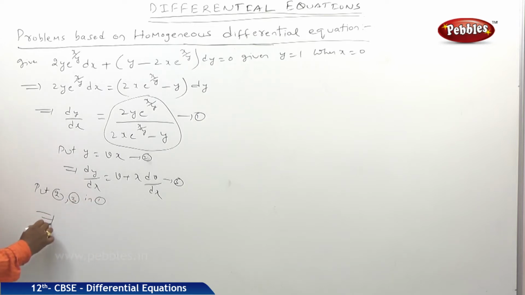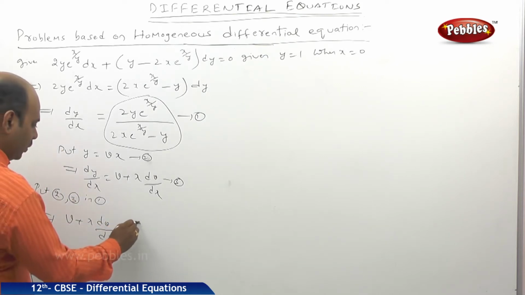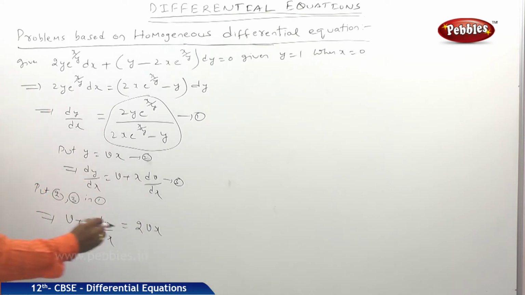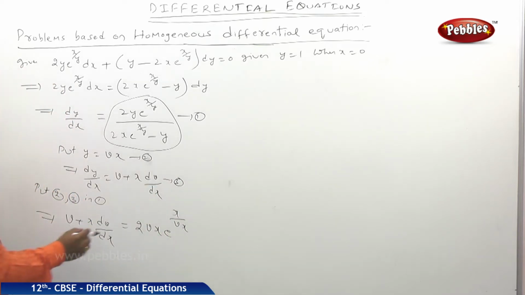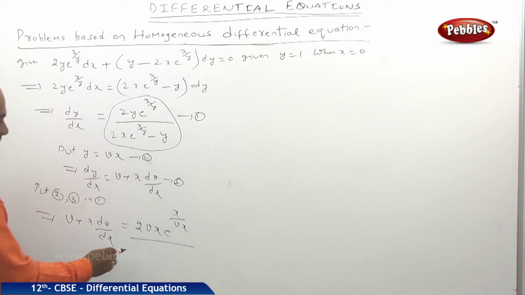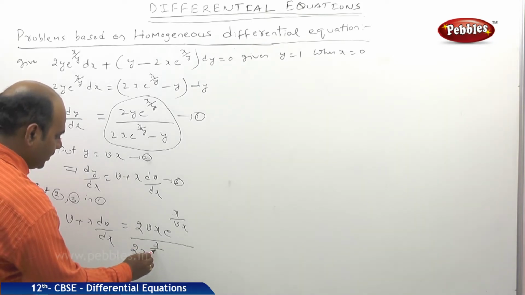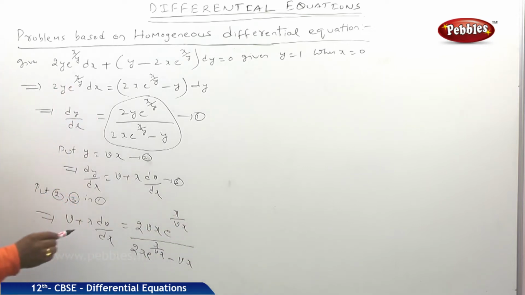If I put 2 comma 3 in 1, what happens, v plus x into dv by dx is equal to, in place of y, vx, so 2vx e power x by vx whole divided by 2x e power x by vx minus vx.